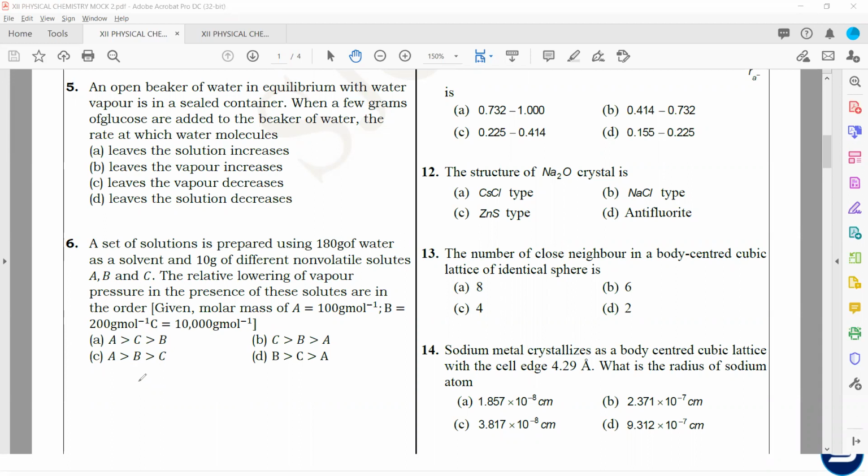All the colligative properties are inversely proportional to the molar masses. Here the amount of water and the amount of solute remain the same, so the concentration is not changing. And if concentration is not changing, the relative lowering of vapor pressure will be just inversely proportional to molar mass. Molar mass of A is the lowest, so its colligative property would be maximum, followed by B and followed by C. The answer will be option C.